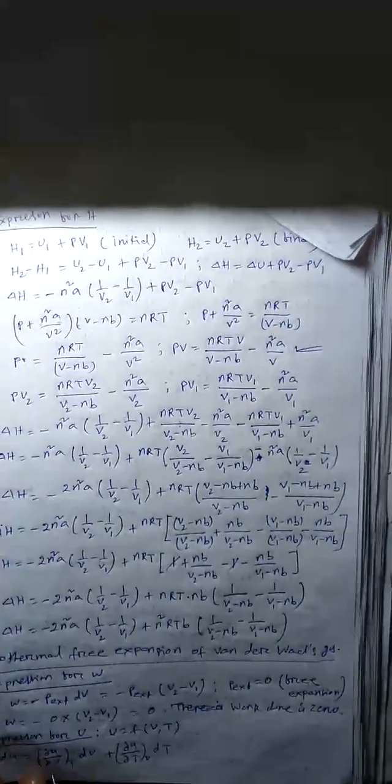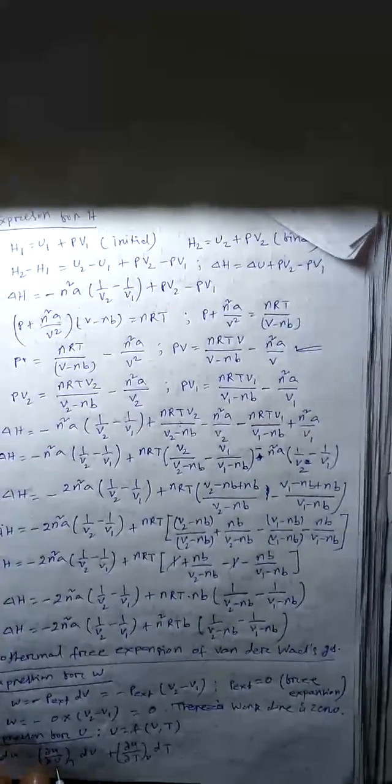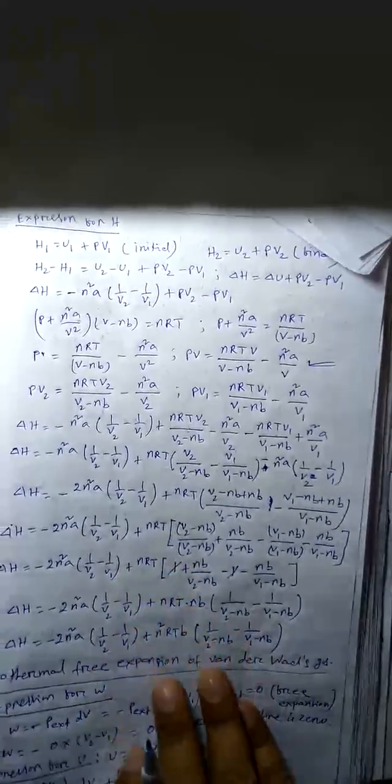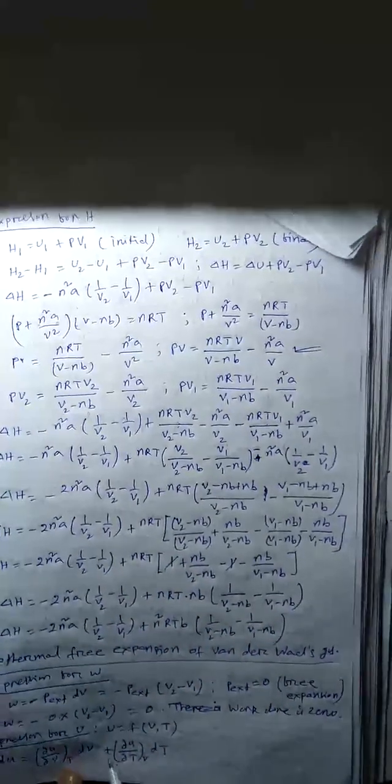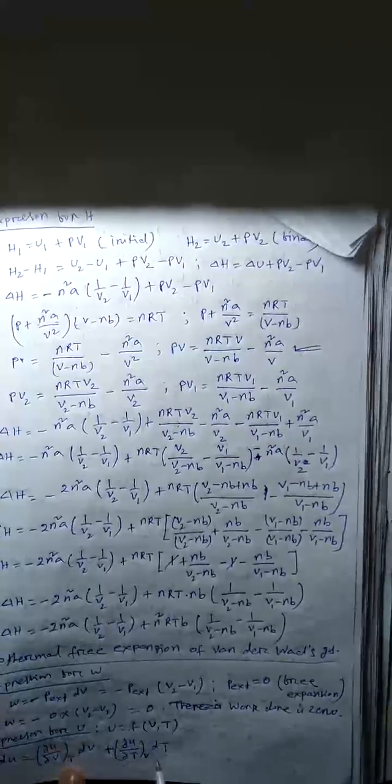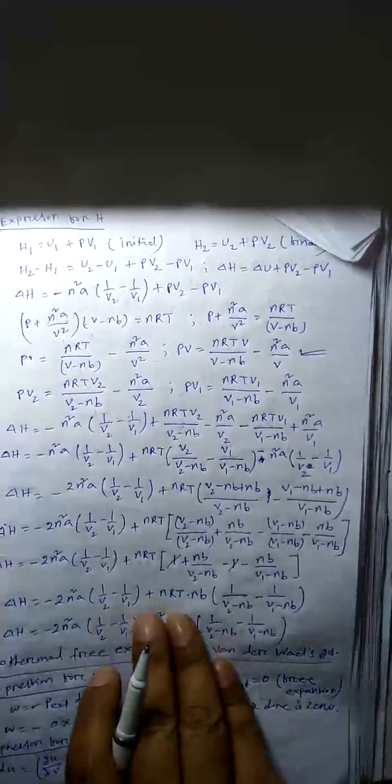Here you see (∂U/∂V) at constant temperature. In this place I put that value. Here dT is equal to 0 because temperature is constant, so this term will come as 0. The entire portion will come as 0 because isothermal means temperature constant, dT is equal to 0.